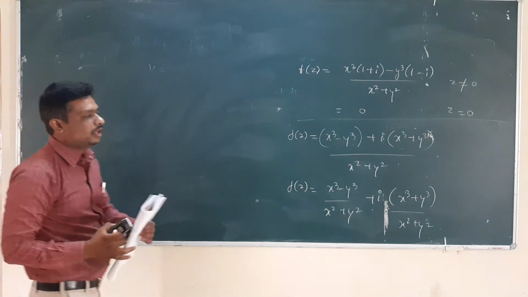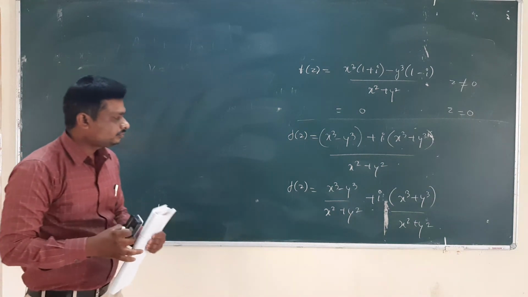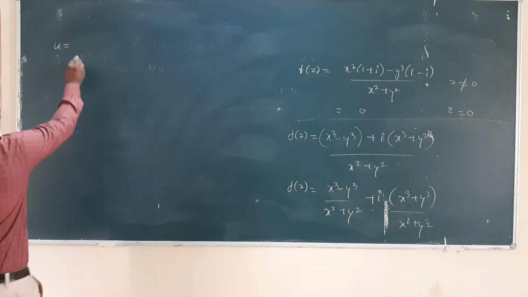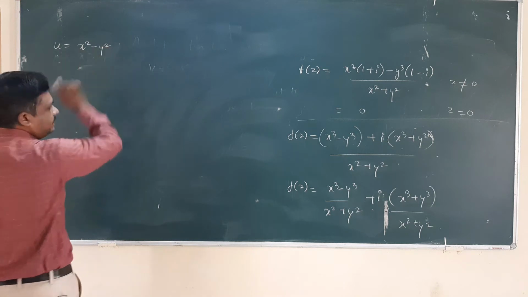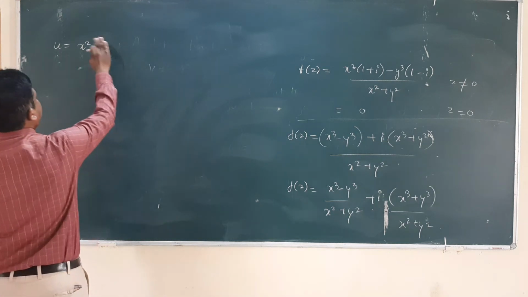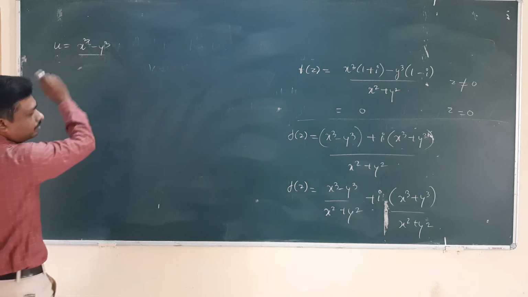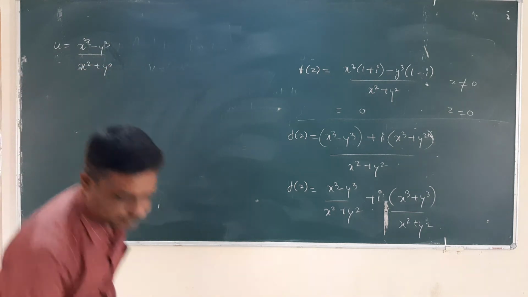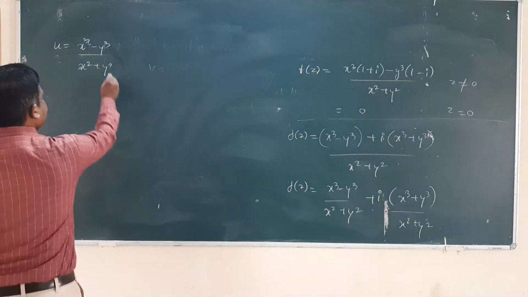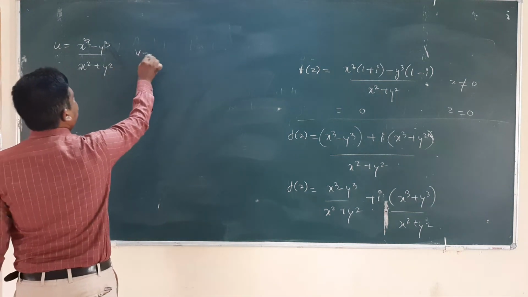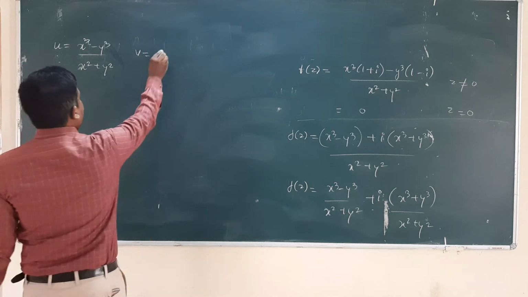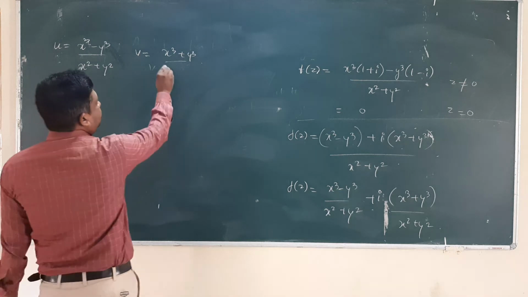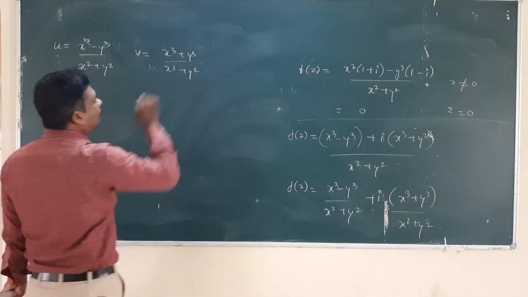Once again I will write u and v. u is x cube minus y cube upon x square plus y square, and v is x cube plus y cube upon x square plus y square.